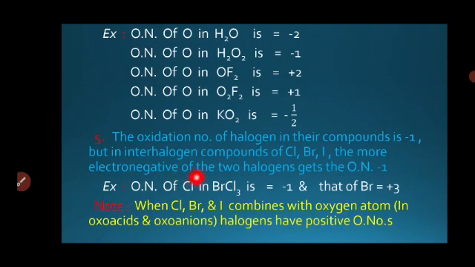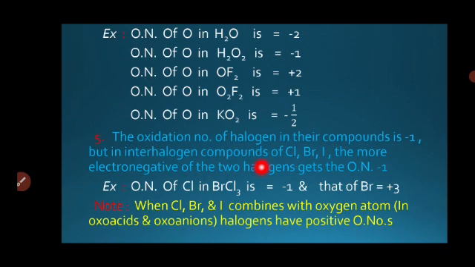Okay, so in this we know that fluorine is having only one oxidation state, that is -1. Okay, but all other elements in their group, that is chlorine, bromine, iodine, even they show the positive oxidation state. In which type of compounds? In interhalogen compounds, that is the compounds which are formed with 2 or more halogens.